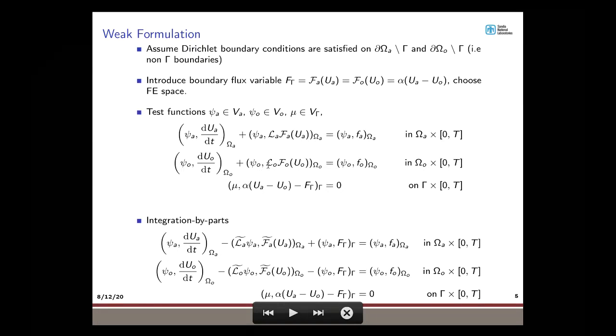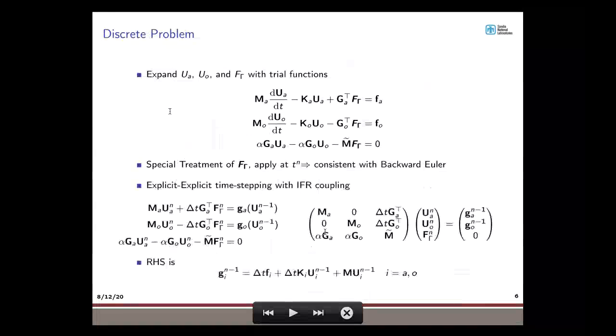You know that the bulk condition is a Robin condition, and you could substitute the Robin condition into the weak form as a natural boundary condition. But you don't want to do that in the IFR framework. In fact, like I said, you want to treat this equation as an auxiliary equation with this third auxiliary variable. Now we have a 3x3 system where our three variables are U_A, U_O.